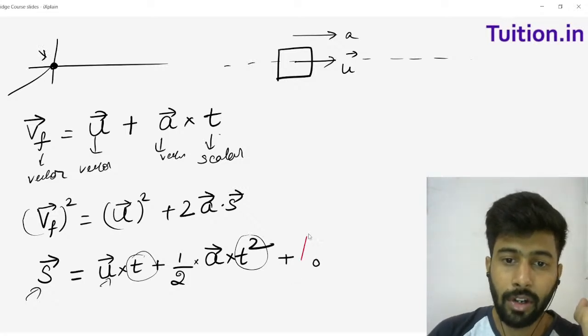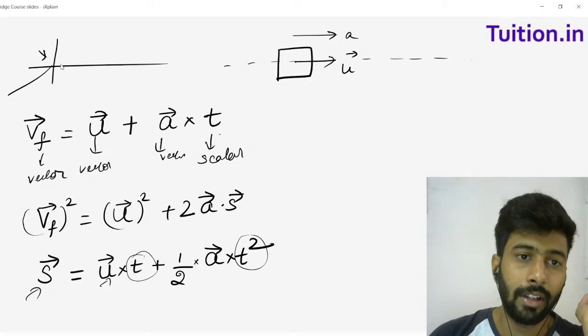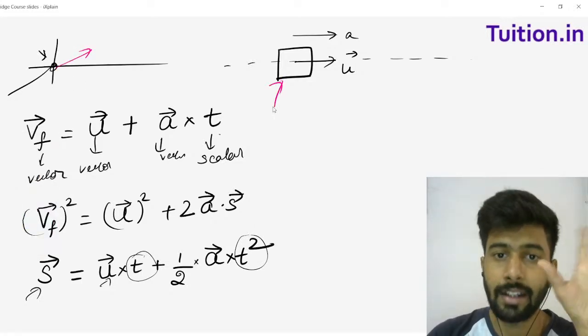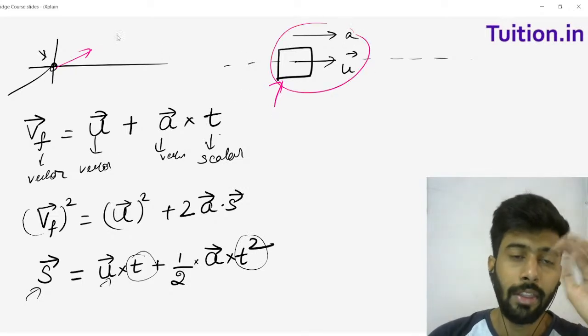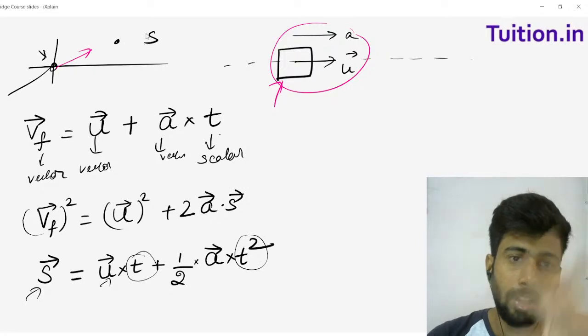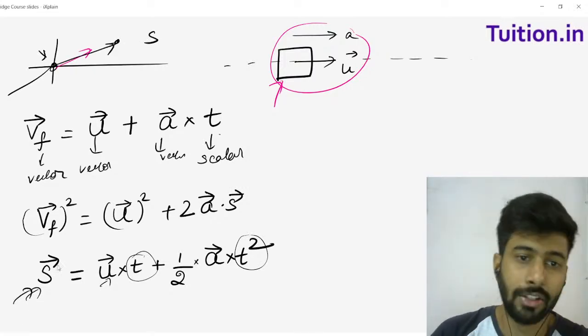If it starts from the origin and it's moving along a straight line, then after a time t, if I want the position vector, which means if I want this displacement vector, I will get it using this equation.